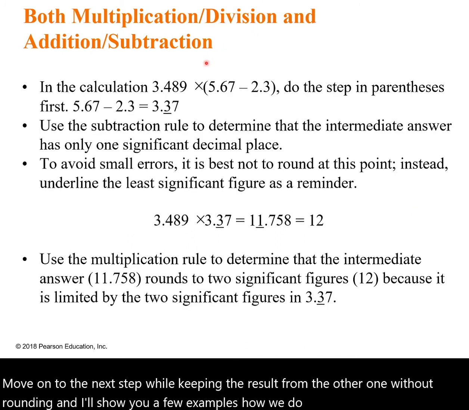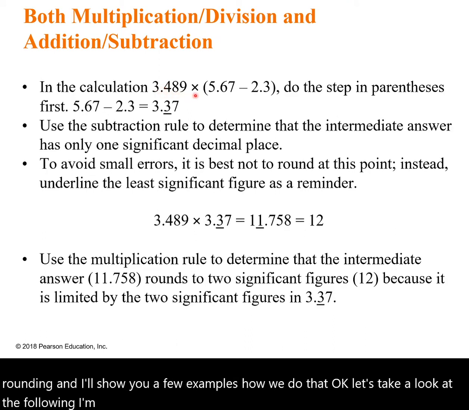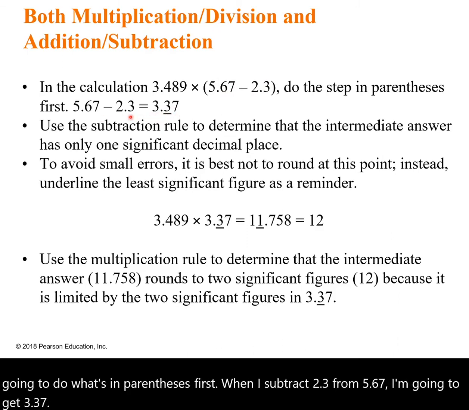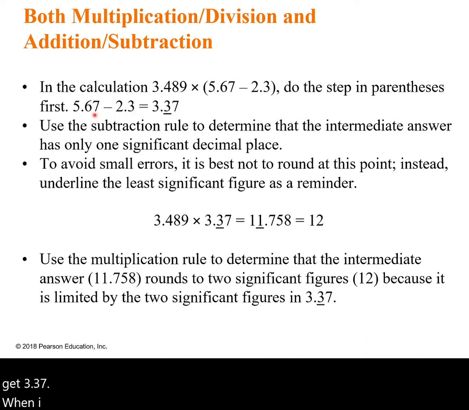Okay, let's take a look at the following. I'm going to take 3.489 times parentheses 5.67 minus 2.3. So step 1, I'm going to do what's in parentheses first. When I subtract 2.3 from 5.67, I'm going to get 3.37. Notice that when I subtract, I'm going to keep one decimal place here, right?